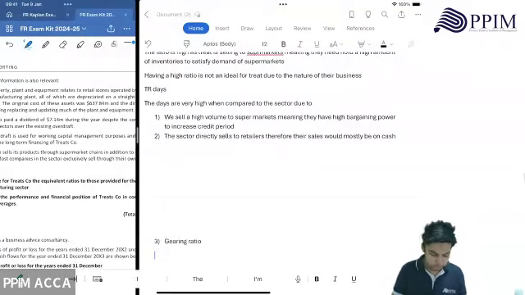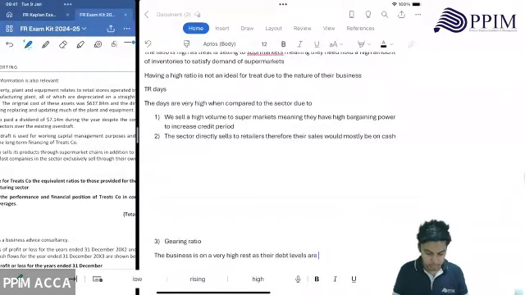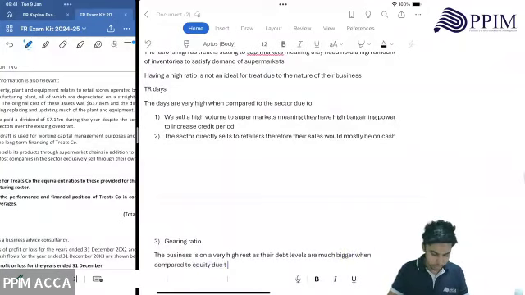Last one, guys, gearing ratio. The business is at very high risk as their debt levels are much bigger when compared to equity due to high levels of borrowing.